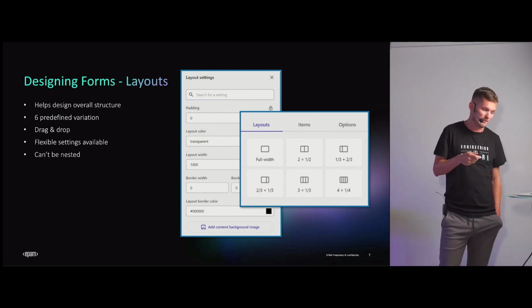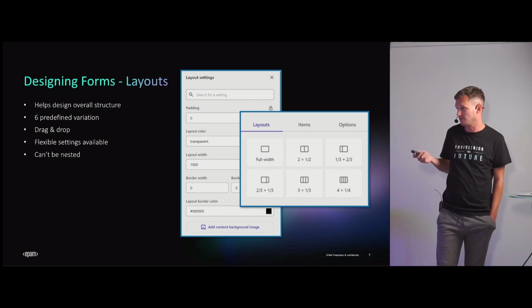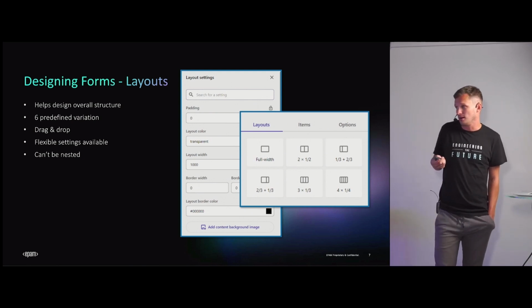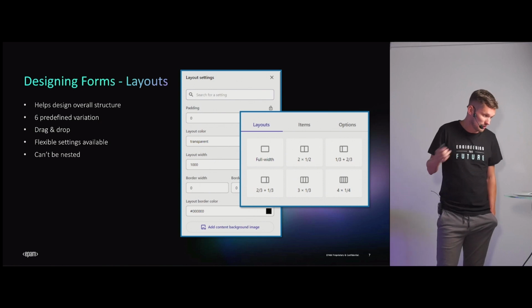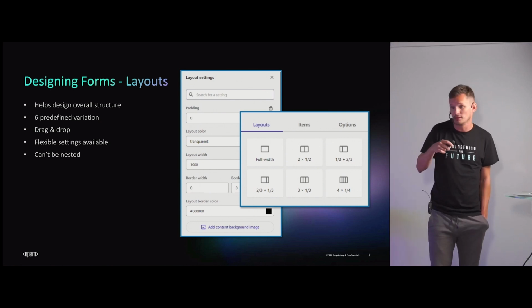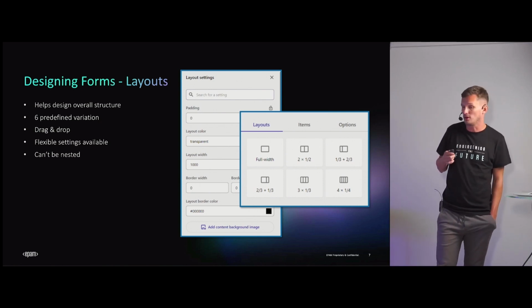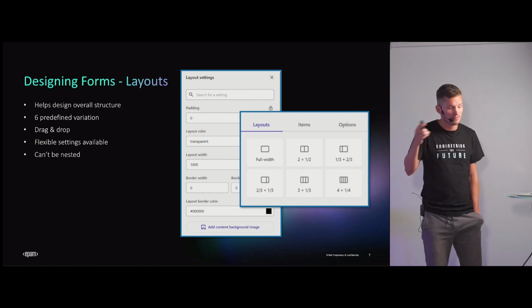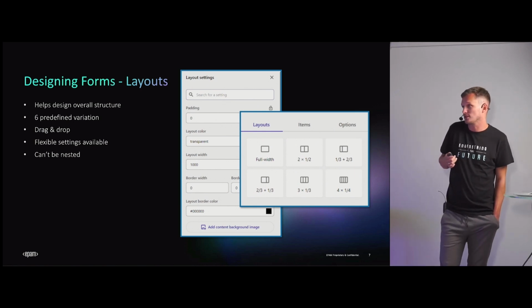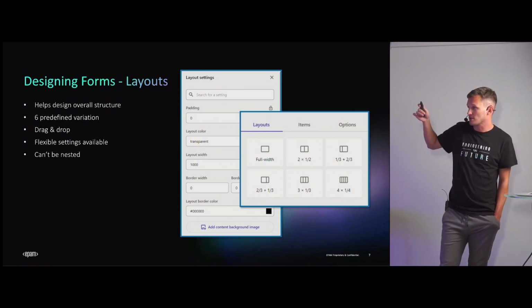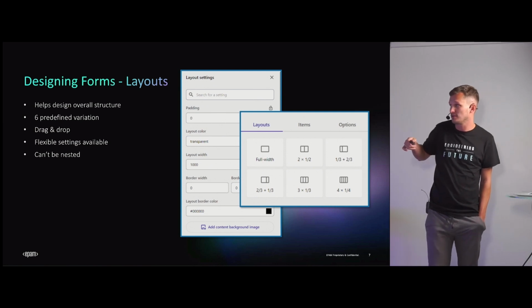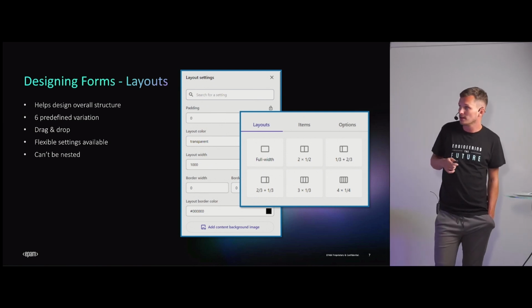We have the full width, half width, 3 columns, 4 columns, and so on. You can just drag them onto the canvas and use them. You don't need to write any CSS code or add any Bootstrap classes. They just work. You've got a bunch of settings available there that you can just set in the editor.